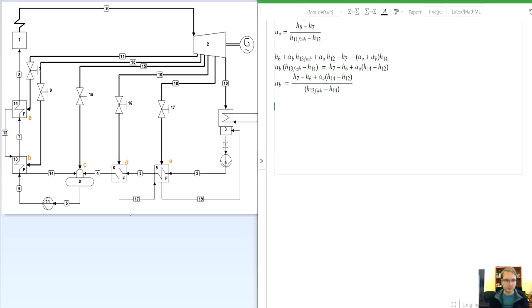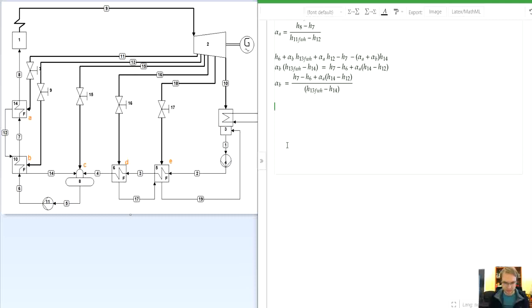Now we move on to the deaerator. So the inlets to the deaerator are node number 4, node number 15 feedwater heater, and node number 14. So the mass flow rate at the node number 4 is actually not the one which we have here, but the one less the mass flow rates of these three feedwater heaters, feedwater heating, bleeding steam, 11, 13 and 15.